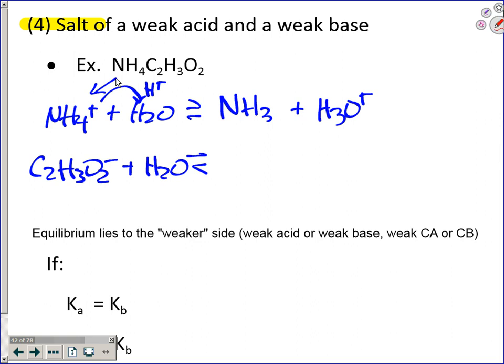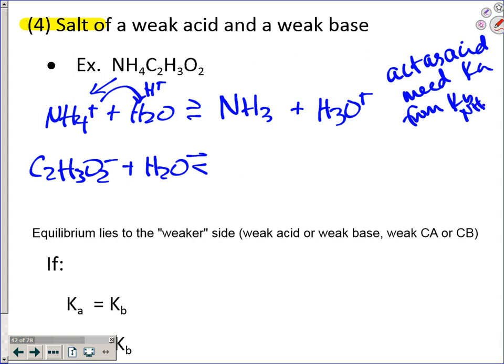So since it's acting as an acid, I need to find Ka from whose Kb? Ammonia's Kb. So let's go ahead and do that. I already told you that ammonia's Kb, but I'll tell you again because, you know, lots of numbers here. Kb for ammonia is 1.8 times 10 to the negative fifth.